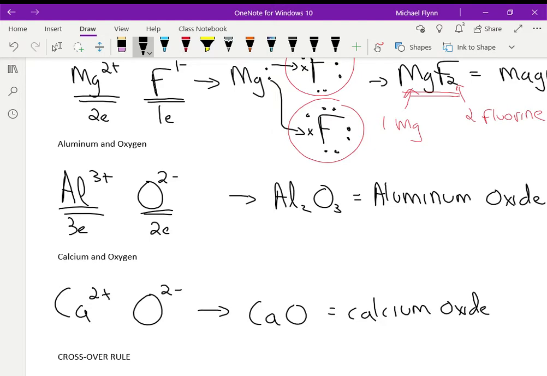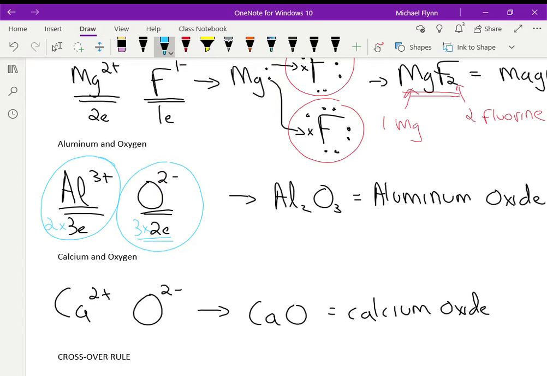So what you do is, if I take 2 aluminums, if I multiply that times 2, I'll have 6 electrons to give away. And if I take 3 of these guys, that's also 6.